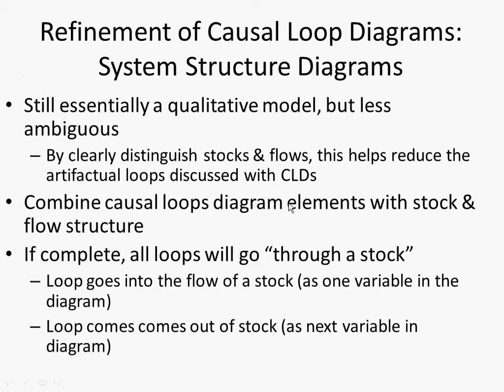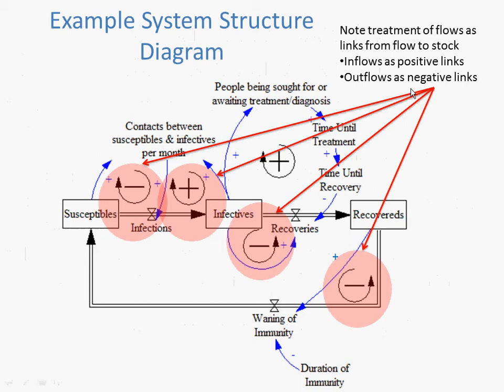Fundamentally, we have a notion of a system structure diagram that combines the best features on the one hand of causal loop diagrams, in the form of labeling the link polarity and labeling the loops present, and on the other hand, stock and flow, by virtue of the fact that they distinguish stocks from flows.